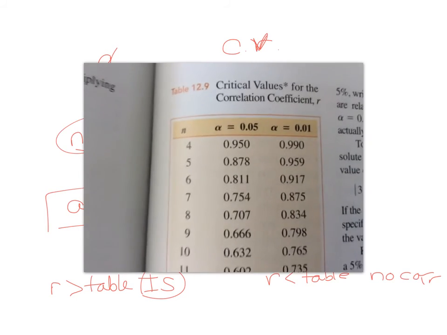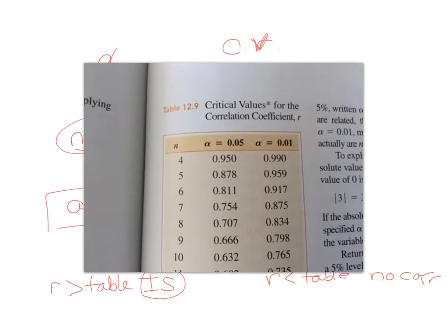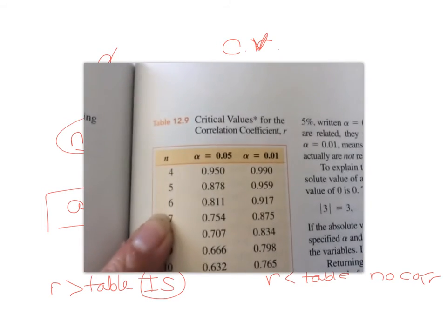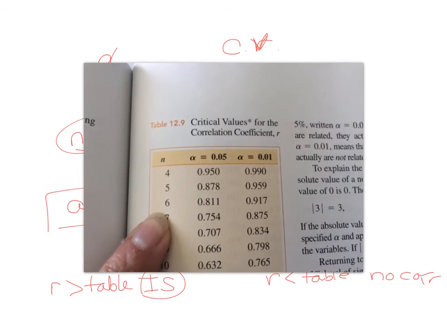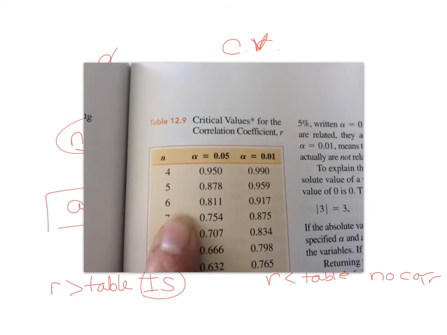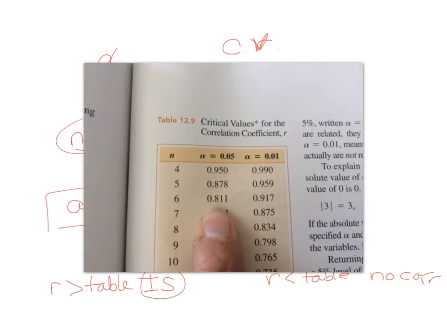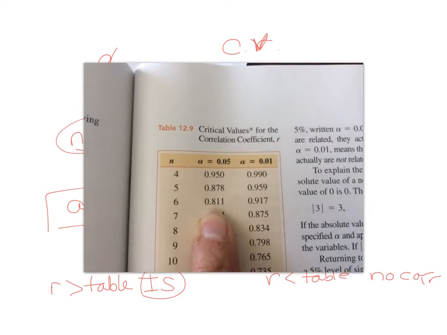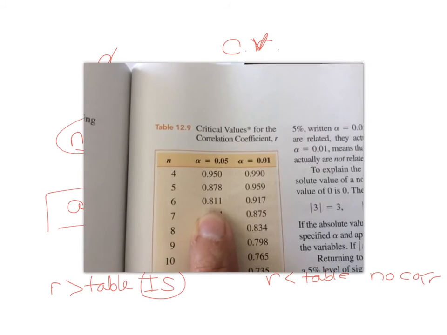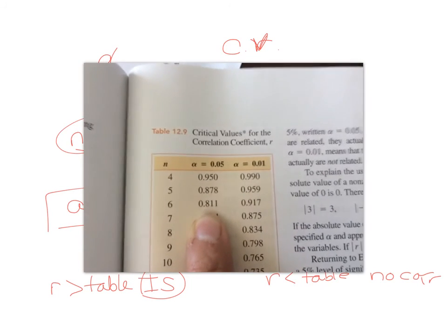So our n was a 6. So we're going to look at the 6. And our level of significance I told you to look at was 0.05. So what you want to do is you want to look at that number, which was 0.811. If our R value is bigger than this, there is a linear correlation.